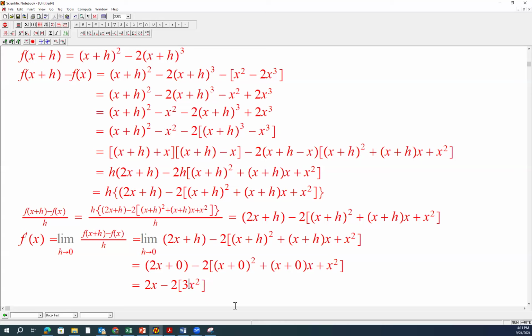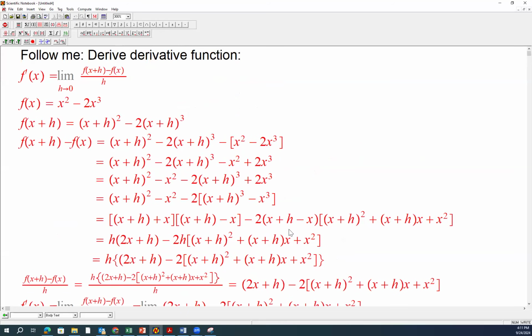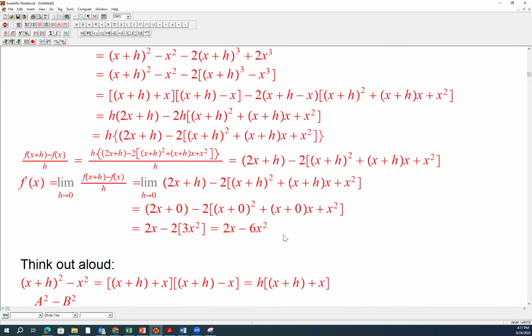So this is going to be 3x squared. So near the end, we got 2x minus 6x squared. Now we're done.